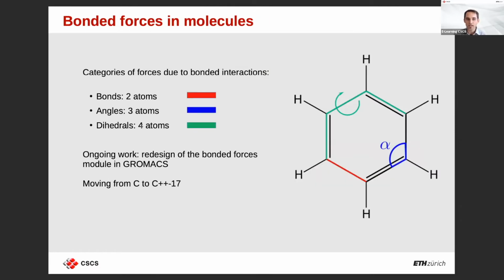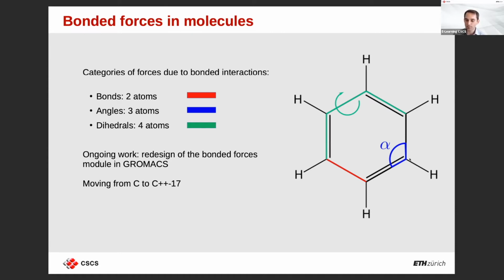In particular, for bonded forces in a molecule, there are perhaps three main categories to look at. There are bonds, which involve two atoms, angles, which involve three, and dihedral interactions, which involve four atoms. When you look at this example molecule on the right, the red line is where a bonded force would act, and the angle is between those three atoms.